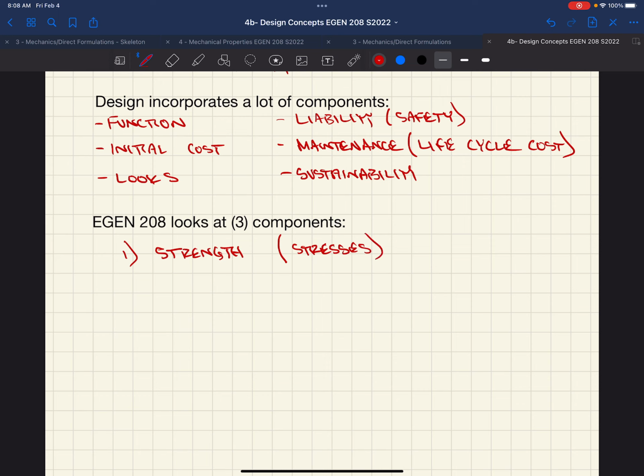We look at this via stresses, sigma or tau, shear stress, normal stress. We also have stiffness.